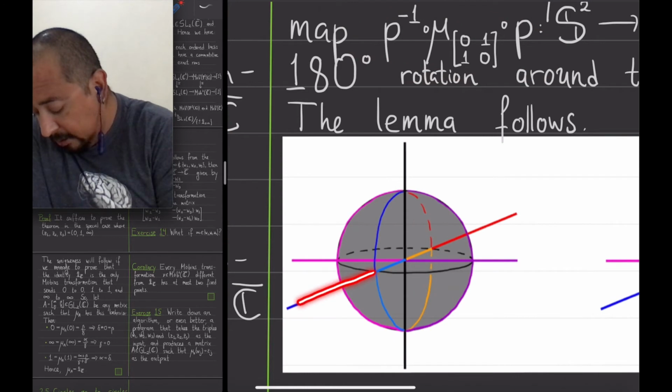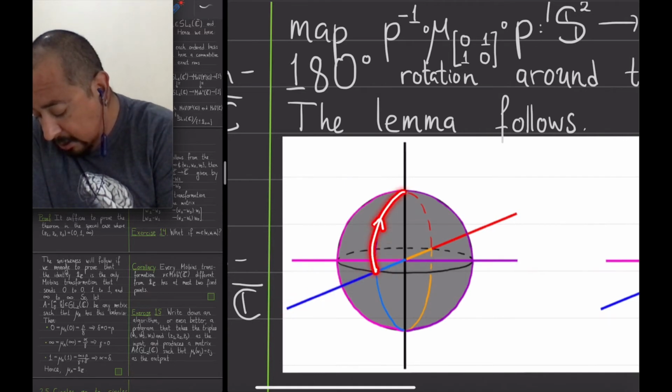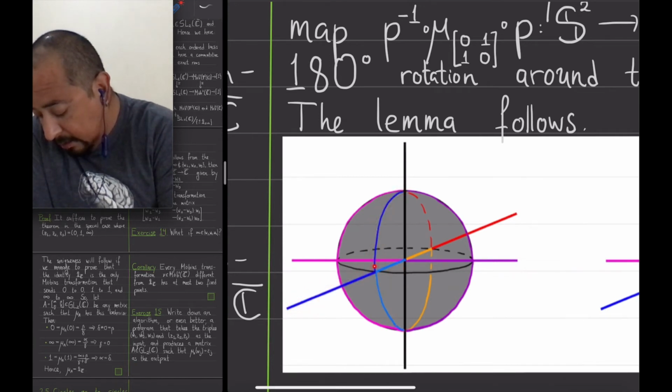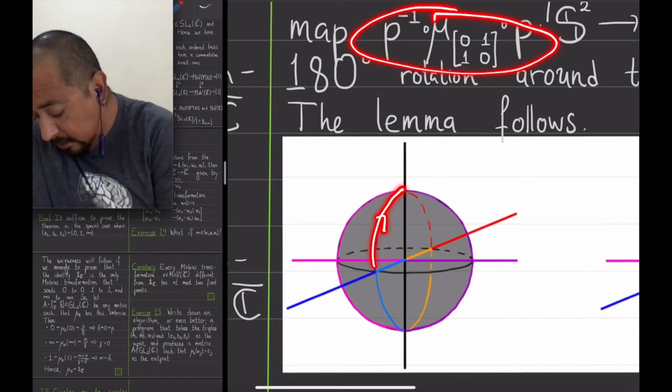Similarly, this one under 1 over z goes to this one, but now this one here under stereographic projection goes to this one here, under 1 over z goes to this one here, under stereographic projection goes to this one here. So the image of this one under this composition is this one.